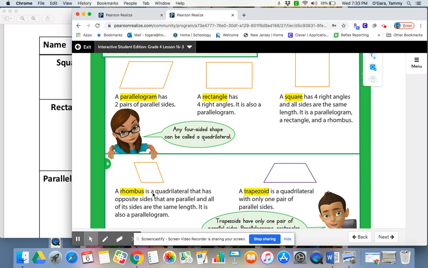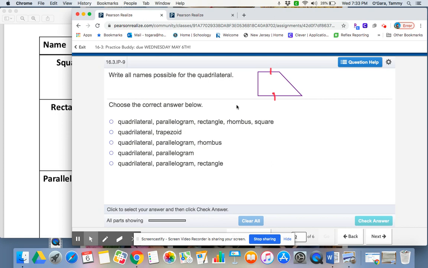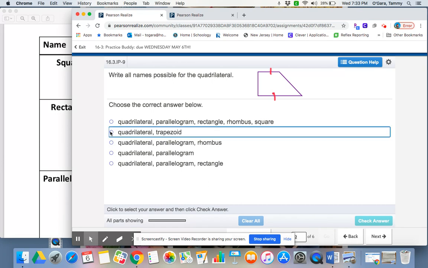A rhombus is a quadrilateral that has opposite sides that are parallel and all the sides are the same length. Again, no. And then we have a trapezoid, which is a quadrilateral with only one pair of parallel sides. So I'm going to say this is a trapezoid because it has one set of sides that are parallel to each other. So I'm going to choose this answer.